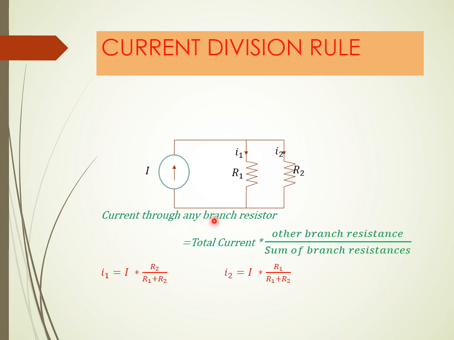Current through any branch resistor is equal to total current into other branch resistance divided by sum of branch resistances. That is, I1 equals the total current I into other branch resistance R2 divided by R1 plus R2. Similarly, I2 equals total current I into other branch resistance R1 divided by R1 plus R2.